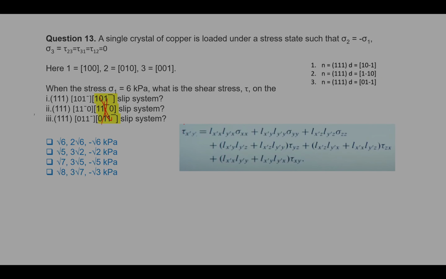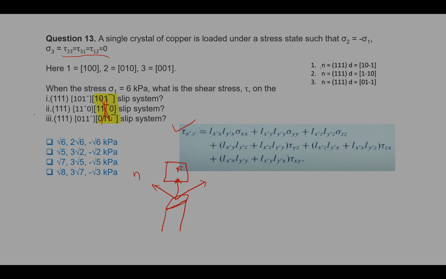The general formula is like this: tau is equal to this whole formula. Here this is containing shear stress also, but as you can see there will be no shear stress. All will be equal to 0. I'll just show you here. This is the force direction, whatever you take, and this is the n direction, the outward normal direction.